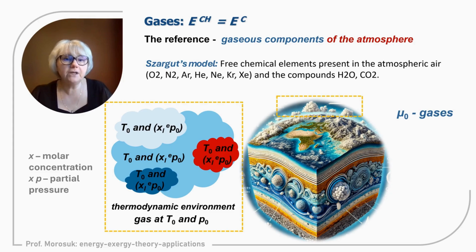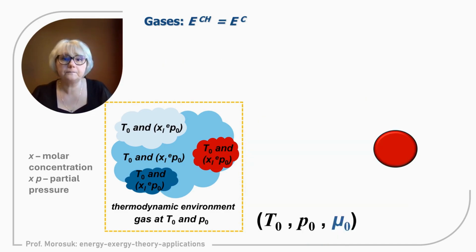And superscript E means exergetic reference environment. So we are not discussing the real environment, we are discussing a model of the environment to calculate chemical exergy. So I repeat, each substance will be at its partial pressure.